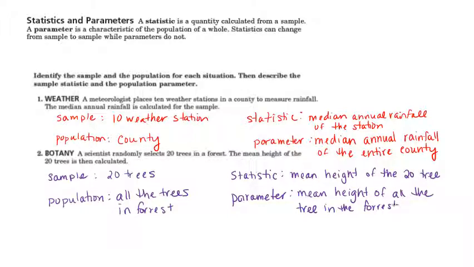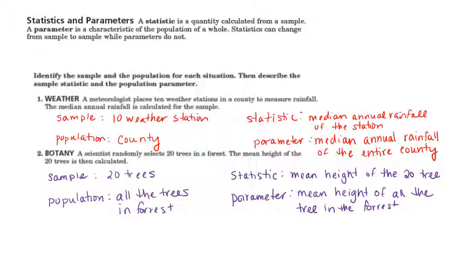All right, so the population is everybody you really want to know information on, but we're only going to do a sample on that, so a random group from that population. The statistic is the information we get for the random group. The parameter is the mean height of all the trees, or the entire population.